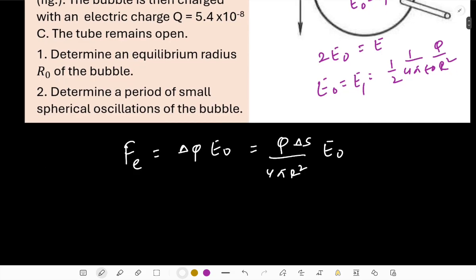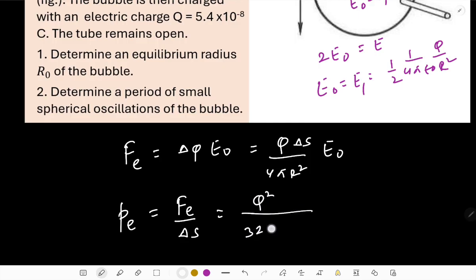Of course, then the electrostatic pressure acting on the bubble, which I would like to call PE, can be simply written as force per unit area. And its value, if you calculate it, you will get Q square by 32 pi square epsilon naught R to the power 4.